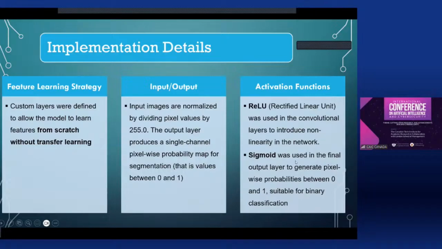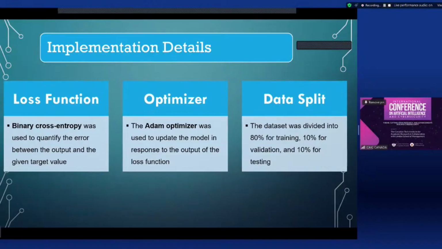The sigmoid is responsible for giving the probabilistic values, and the ReLU is there to introduce nonlinearity in the network. It actually helps the network to learn the features. And we have the loss function, which is there to quantify the error in the network, and the optimizer, which is there to correct the network according to the response it gets from the loss function.